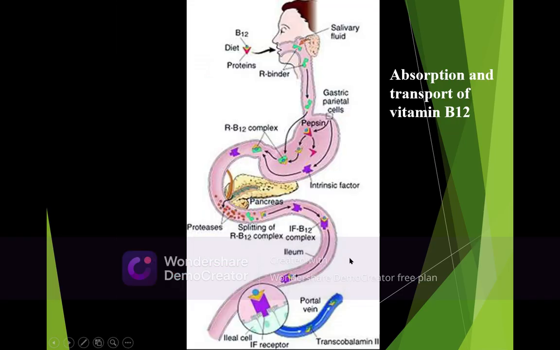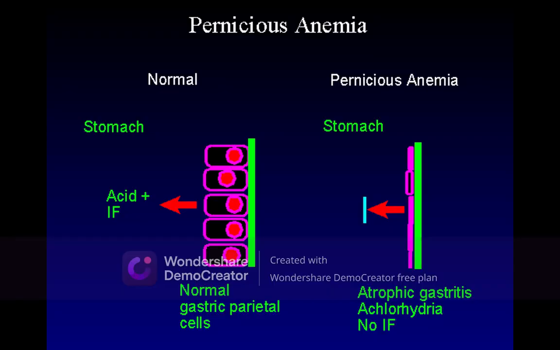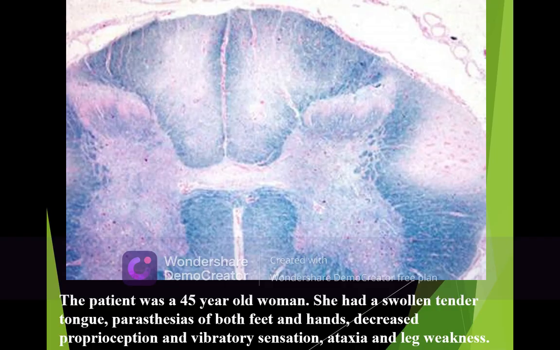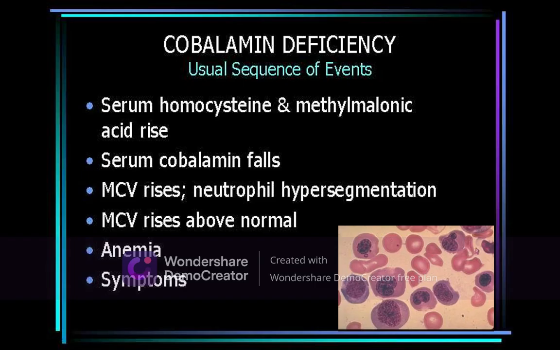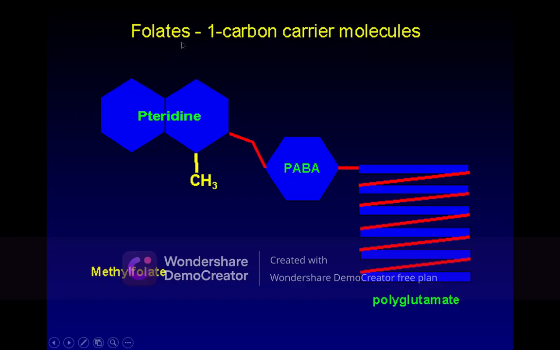Then we have seen how B12 is affecting in my previous session. We are not doing the Schilling test; we are doing B12, as I will repeat again. Now first see the folates. What is this? Folate is pteroyl glutamic acid.